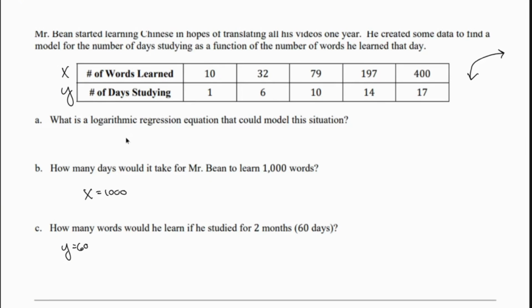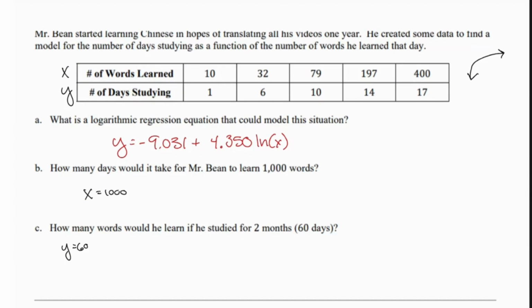Okay, so the equation that I got was y equals negative 9.031 plus 4.350 ln of x. So in order to do B, how many days would it take for Mr. Bean to learn 1,000 words? Just go back, plug in 1,000. We're going to have to do some calculator gymnastics, but that's what you do.